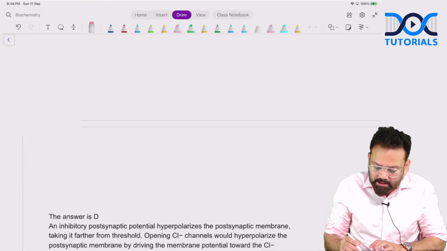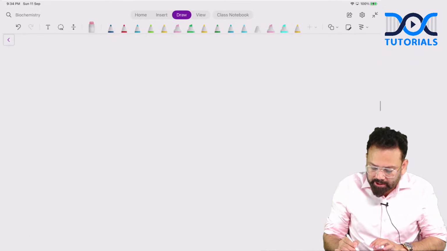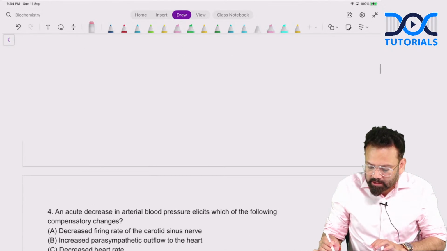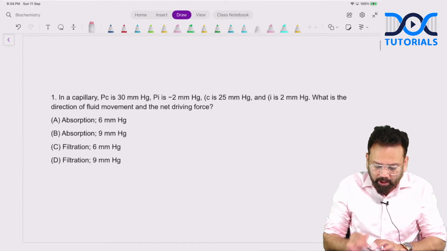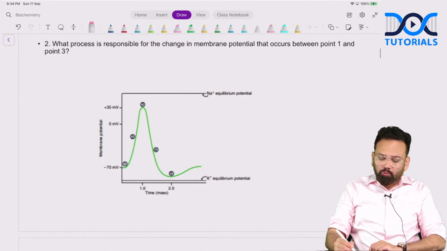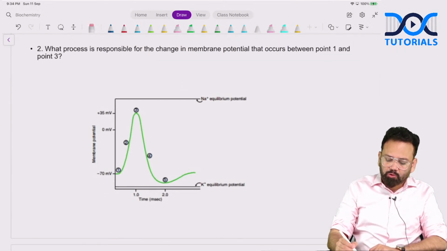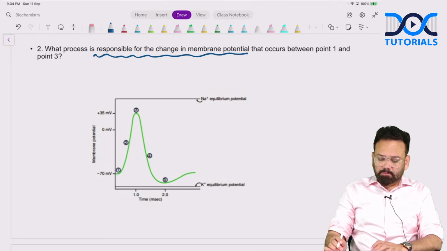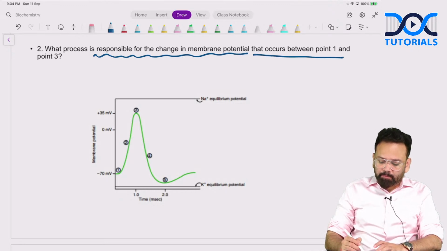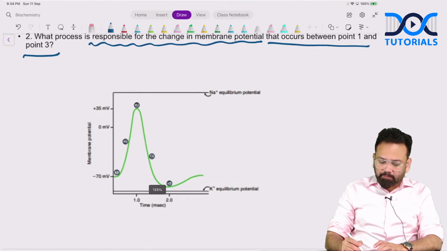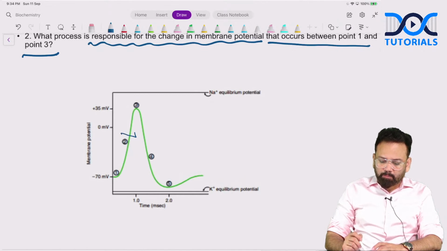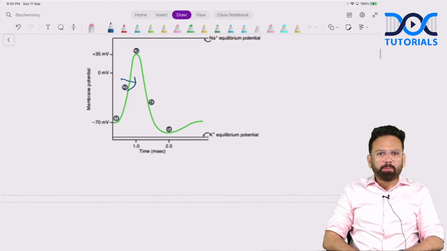What process is responsible for the change in membrane potential that occurs between point 1 to point 3? You know that. Influx of sodium, outflux of sodium, influx of potassium or outflux of potassium? You know this is depolarization.